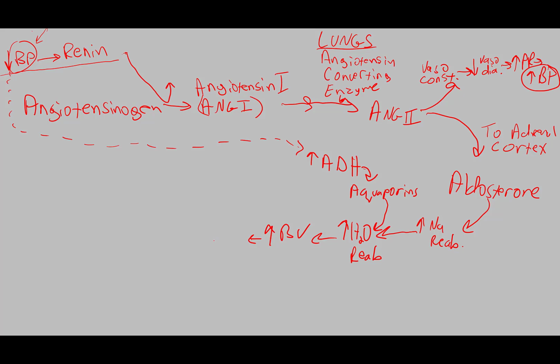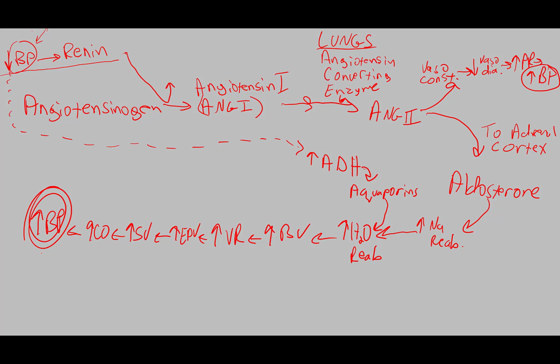When there's an increase in blood volume, there's an increase in venous return, which increases EDV, which increases stroke volume, which increases cardiac output, which increases blood pressure long term.